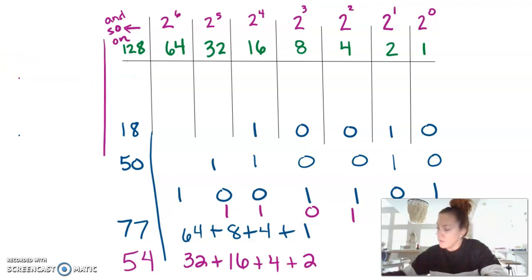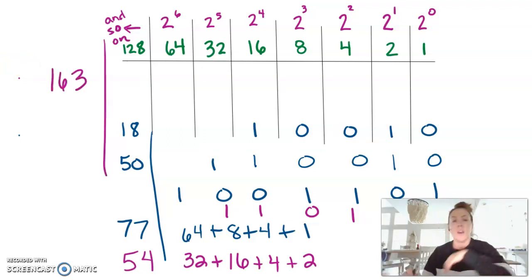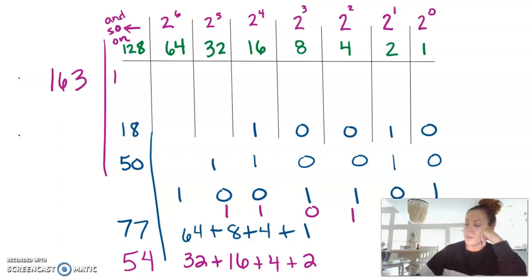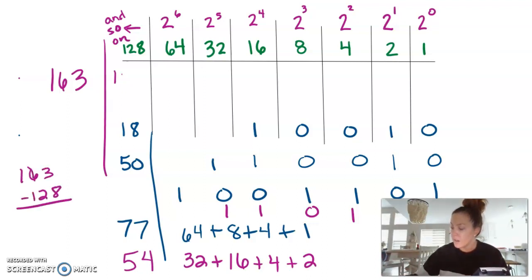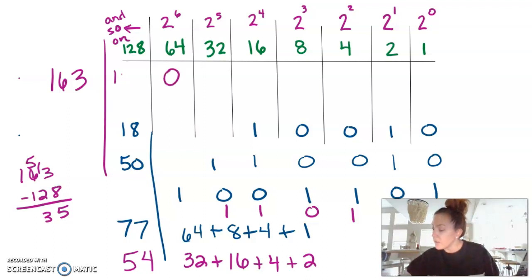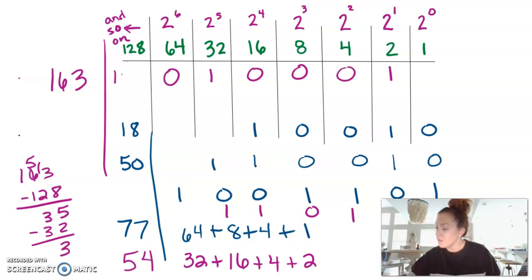The largest number we have is 128, so I'm going to put a 1 there. 163 minus 128, and you can use the calculator, gives me 35 left. Then I go down, I can't do 64, but I can do 32. If I take off 32, I'm left with 3. So I can't do 16, 8, or 4, but I can do a 2, and then I also have to do a 1.